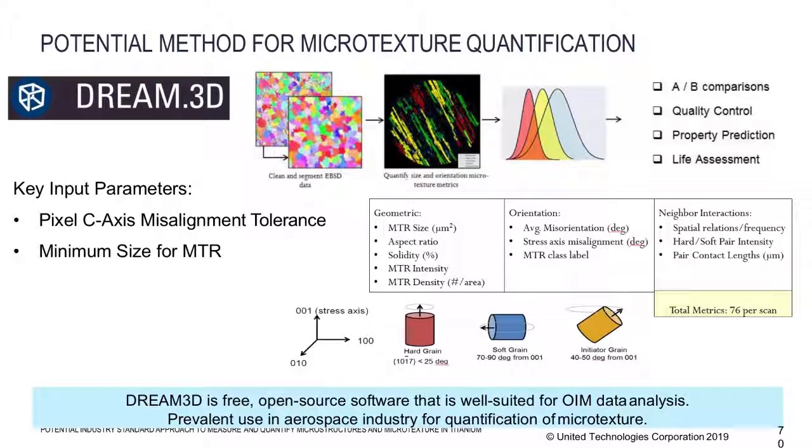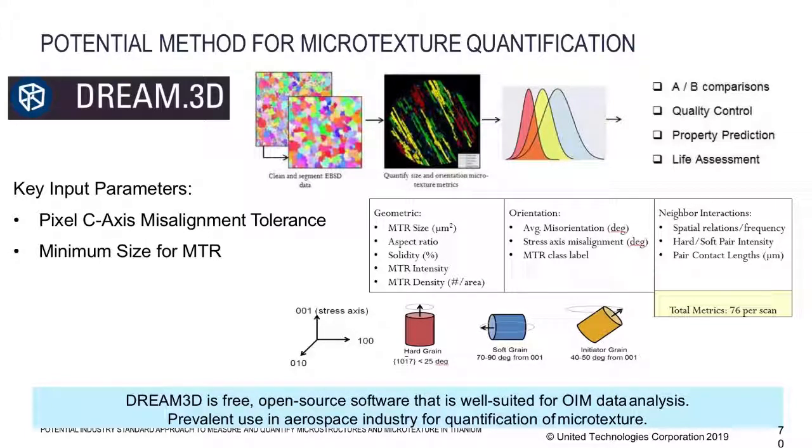So basically the 2 key parameters here are the misalignment tolerance for the C-axis: how aggressively do you want to group these pixels together? And then the second part is, what defines a microtexture region? Is it a square millimeter, or is it 100 microns squared? So those are flexible parameters that certainly change the metrics that you would measure.